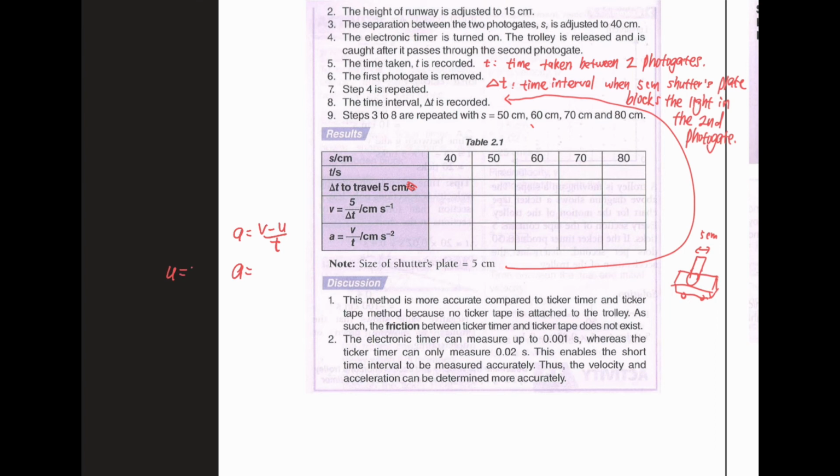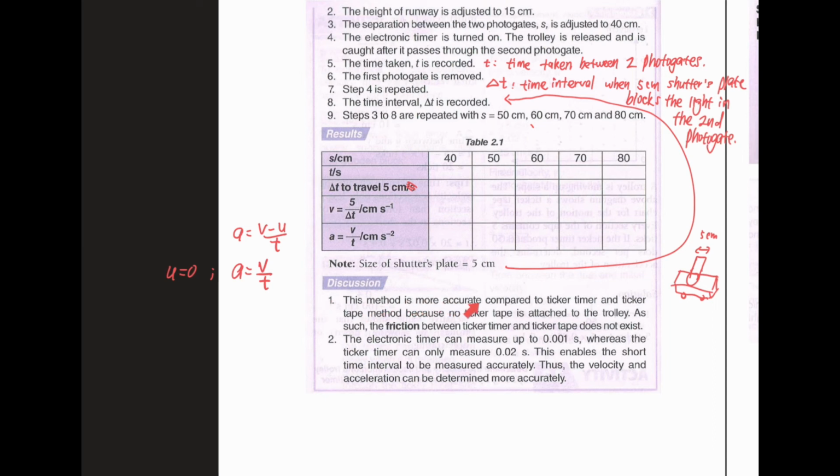So u equal to 0 because you hold the trolley at the beginning. That's why we have v over t. And how do we get the v? We get the v from this part, the final velocity. So v over t.